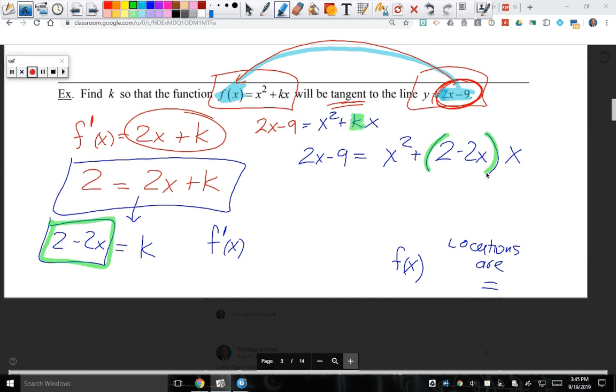It was because of a two-letter word. At. Because at that x location, the slopes are the same and the locational y values are the same. Okay? So now if I were to solve this, I have, here we go, x squared plus 2x minus 2x squared.